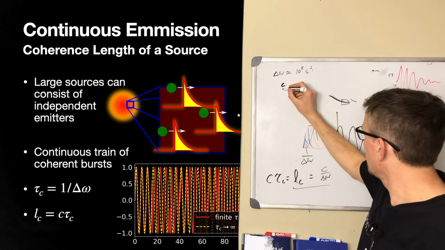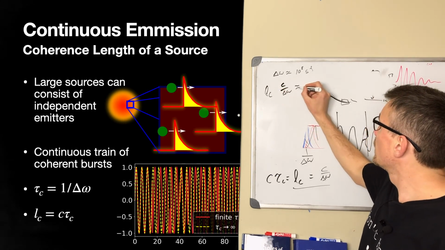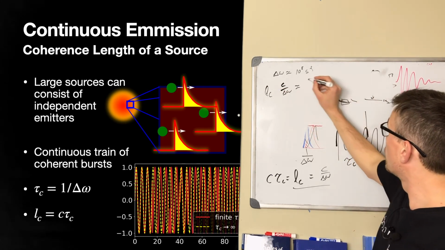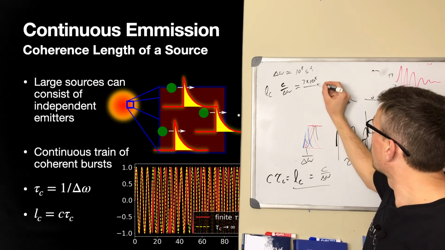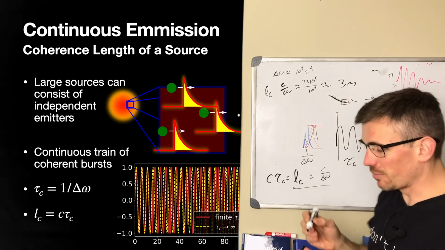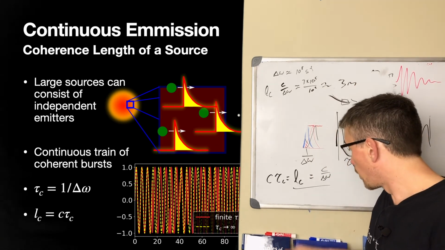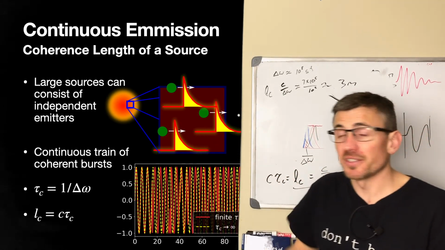So c over delta omega, our coherence length, is on the order of 3 times 10 to the 8 divided by 10 to the 8, at least 3 meters. And this is a pretty bad laser. Most lasers in the lab will have coherence lengths of hundreds of meters or kilometers.